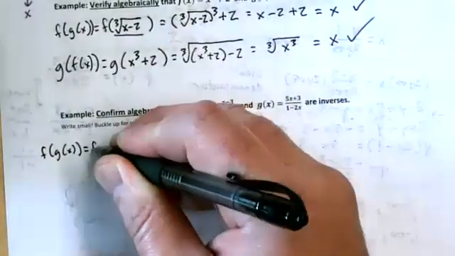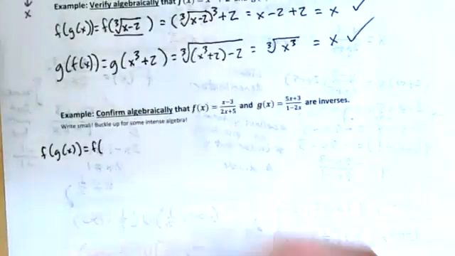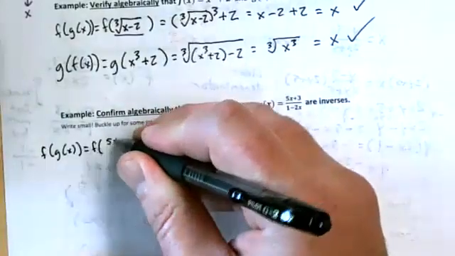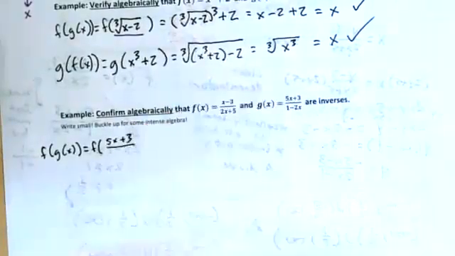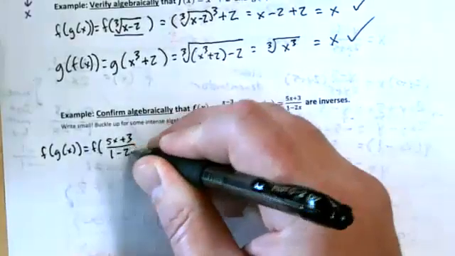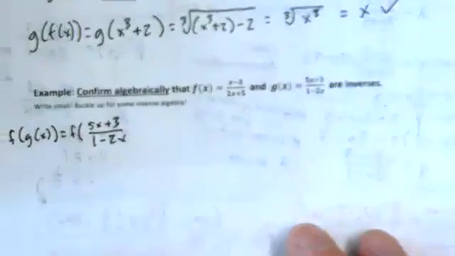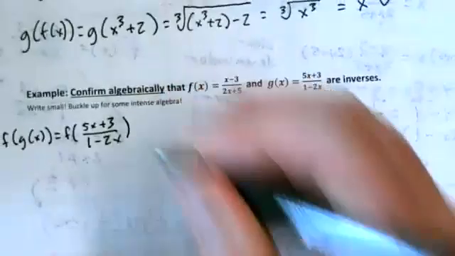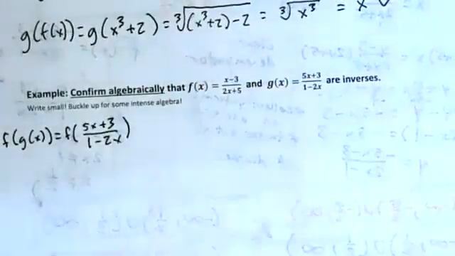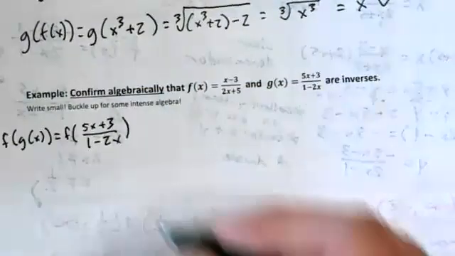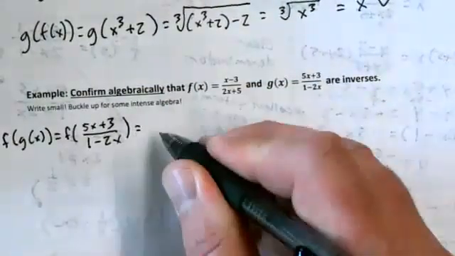So f of g of x, that's f of, what was g of x? 5x plus 3 over 1 minus 2x. Let me get a little zoom going here. All right.